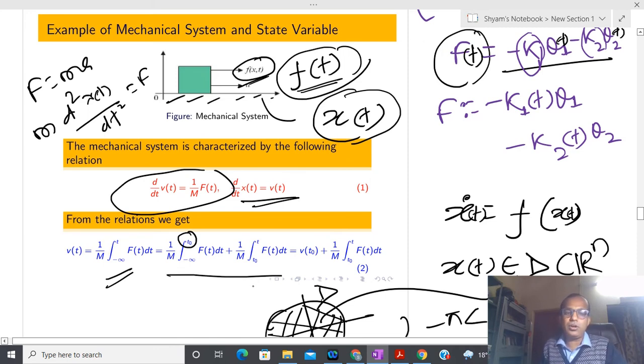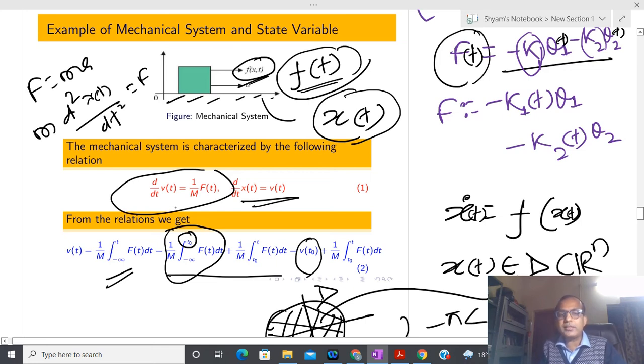Writing this in two parts is allowed because we are just cutting the zero area, if you see the physical interpretation. Now if you interpret this quantity, if in place of t I put t0, then it is not difficult to say that it is V(t0). Anyone has confusion on this? Why have I written V(t0)? Because dv by dt equal to 1 by m F(t), and I am integrating from minus infinity to t0.